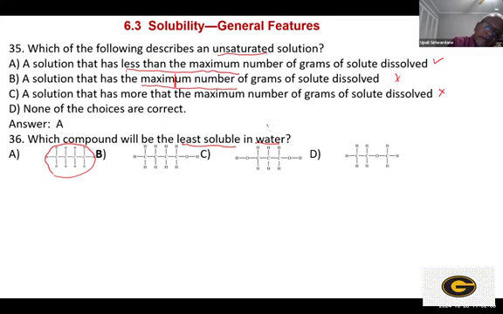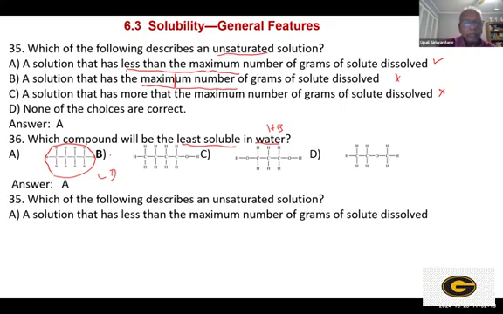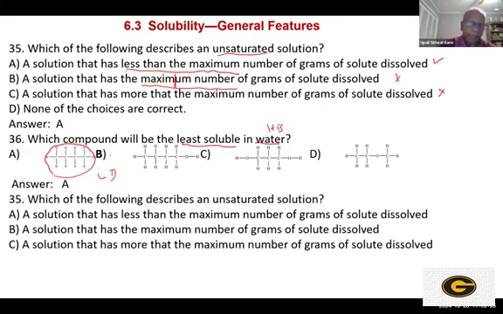Water has hydrogen bonding. This has London dispersion. Therefore, it is least soluble. Which of the following describes an unsaturated solution? That's the same problem. Therefore, answer is A.